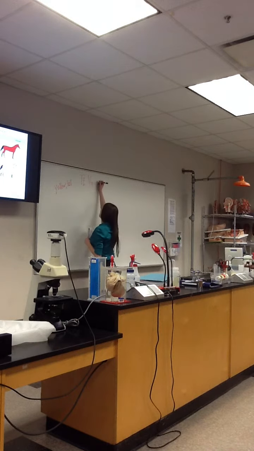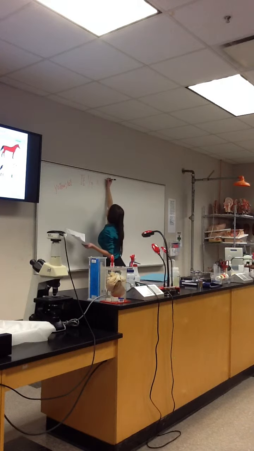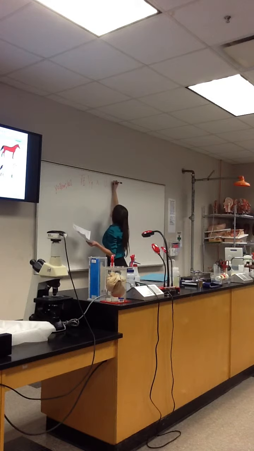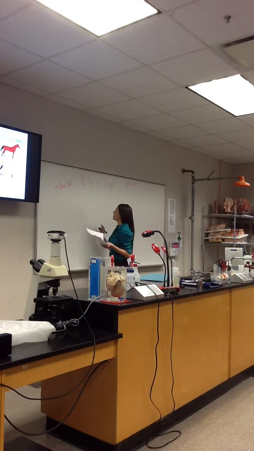The next organism is little t, little t, little y, little y. So this one is green and short. Those are the recessive phenotypes.